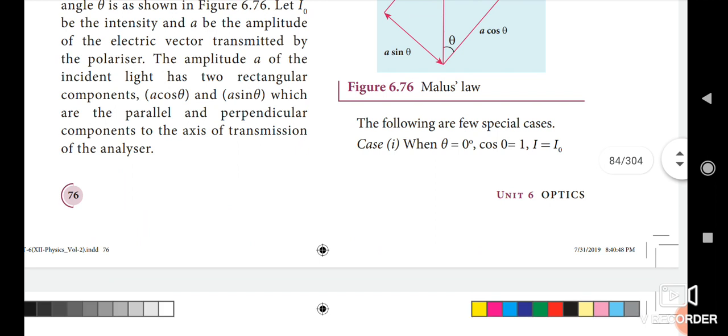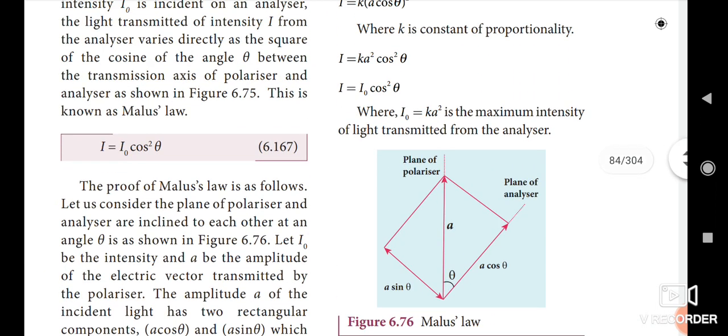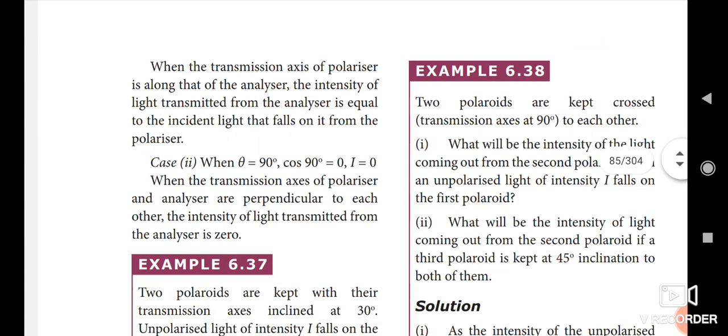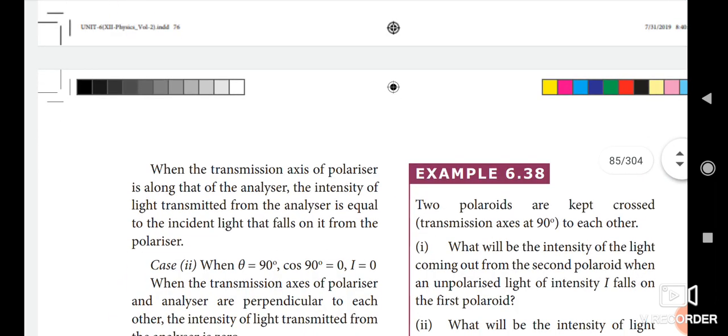Next, there are two special cases. The first case is when the angle theta is 0 degrees. What is the value of cos 0? 1. So the intensity I is equal to I naught. This is the case when the transmission axis of the polarizer is along that of the analyzer.